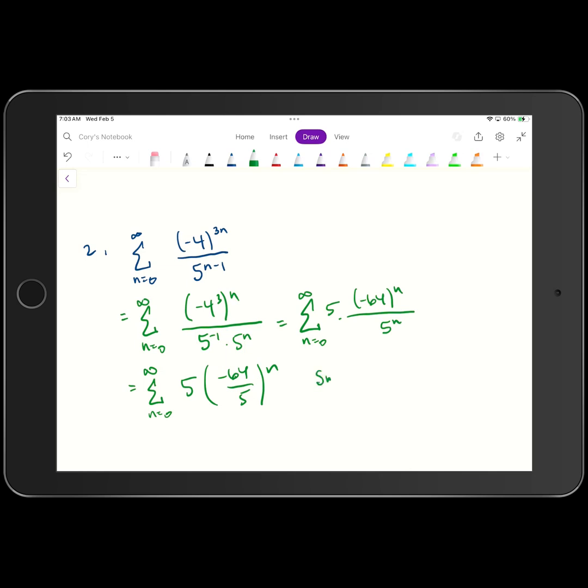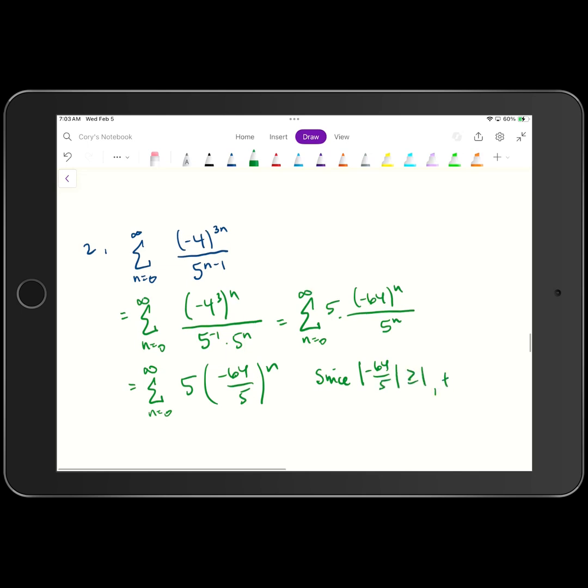And since the absolute value of -64 over 5 is greater than or equal to 1, the series diverges by the geometric series test. All we are doing is algebraically manipulating our formula to write it with the appropriate exponent for our index, or for our starting value of the geometric series.